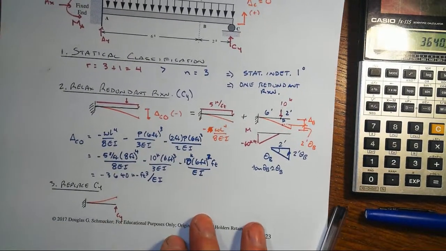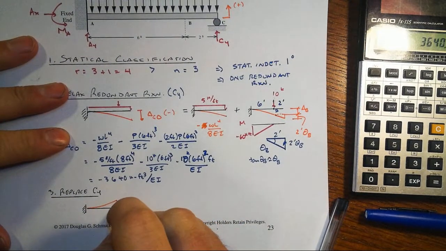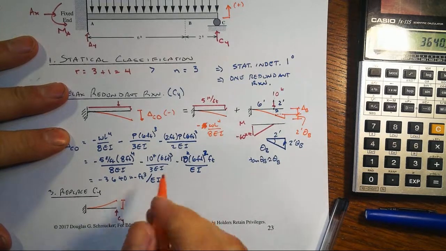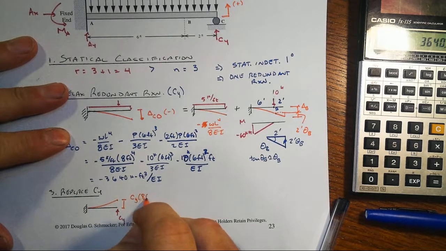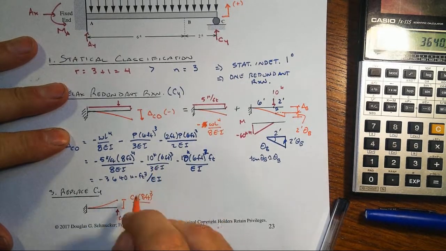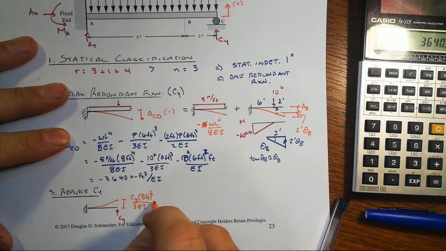Okay, so now we've got this displacement to figure out, but we know what that is. That's PL cubed over 3EI. So CY times the length, that's 8 feet cubed over 3EI.